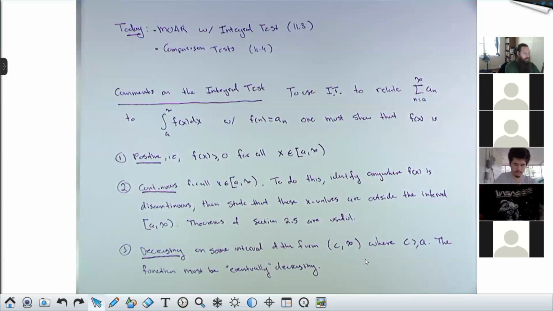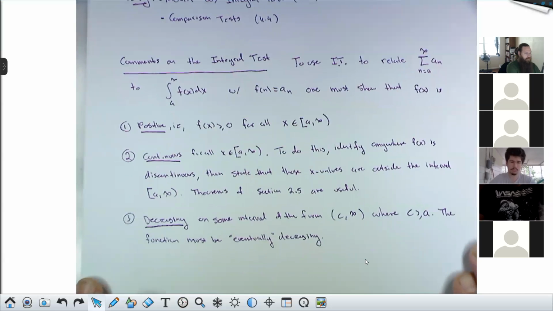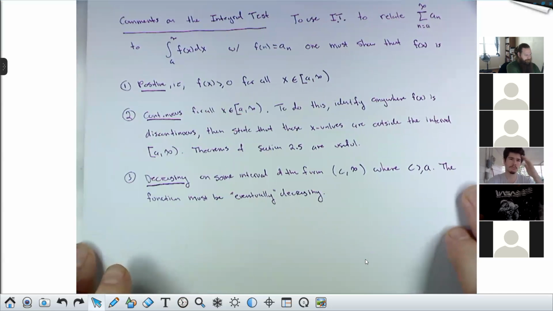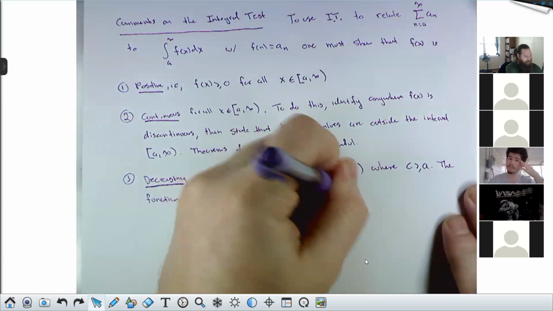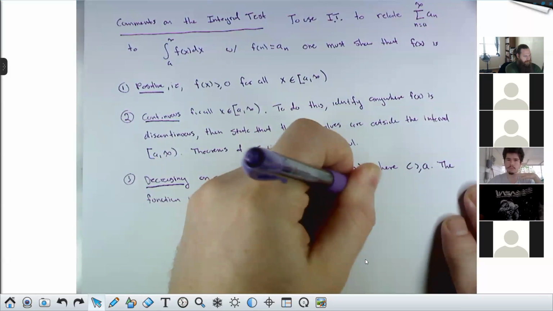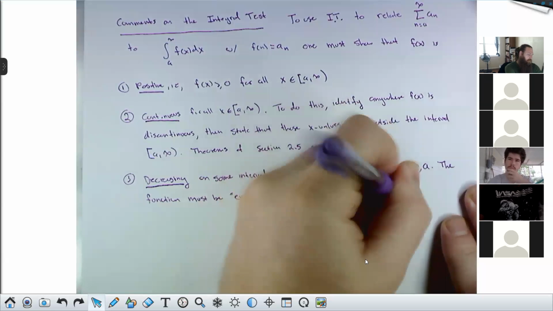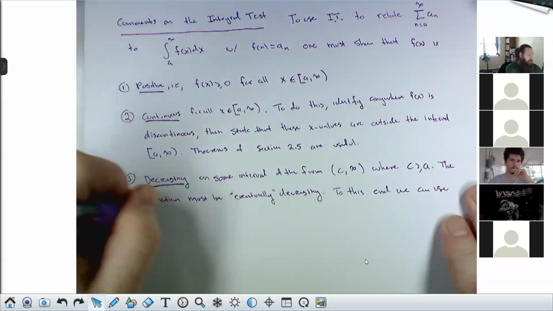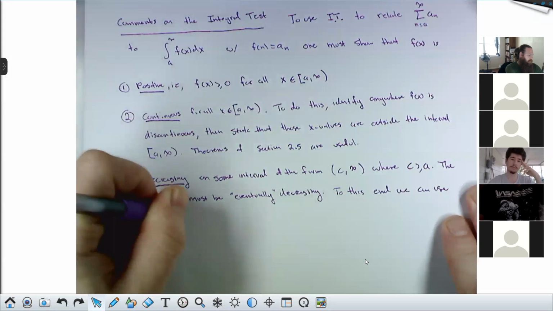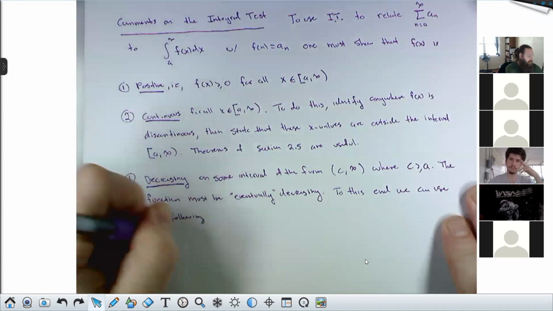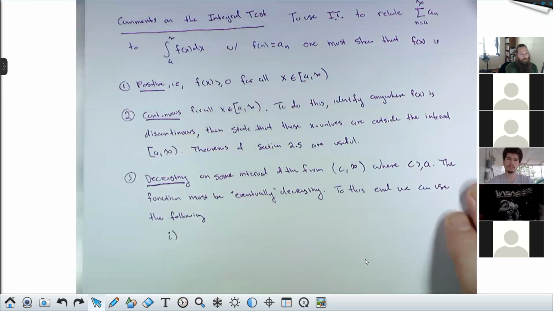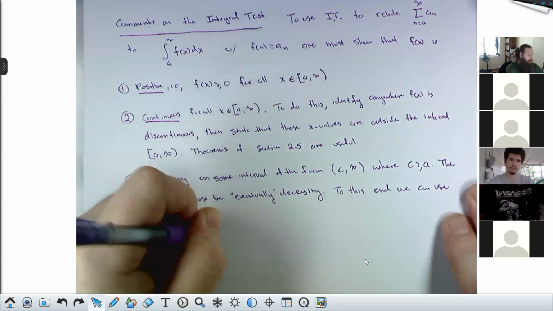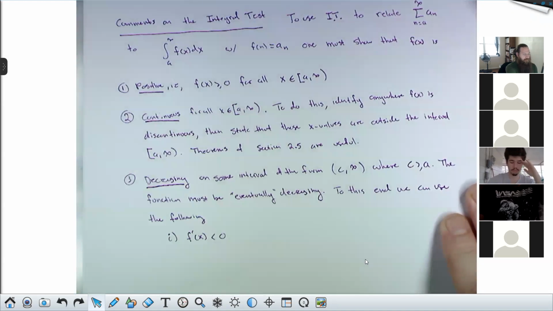And then the other thing that I wanted to talk about with relation to decreasing are the tricks that are useful for showing decreasingness. To this end, we can use the following arguments. The classic is f prime of x is less than 0, right?